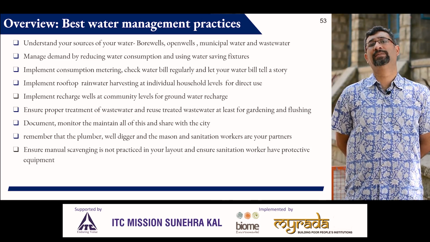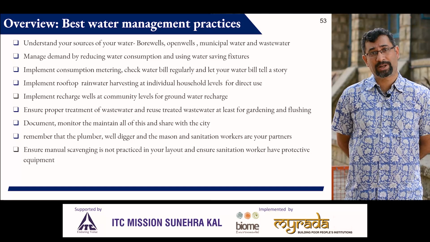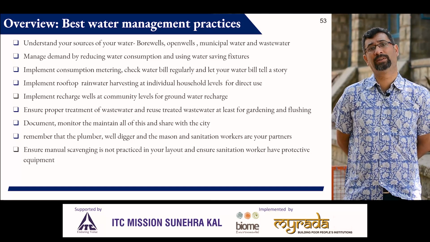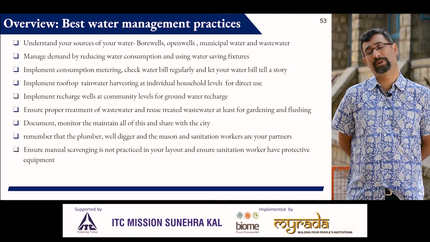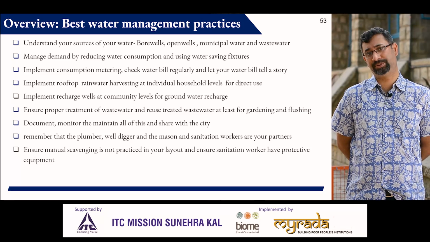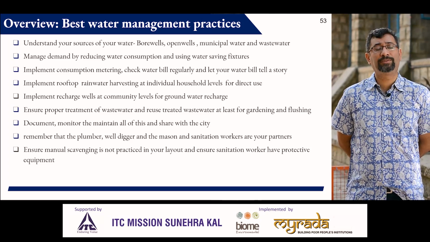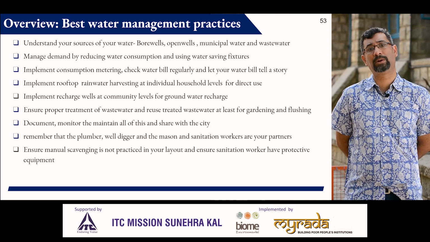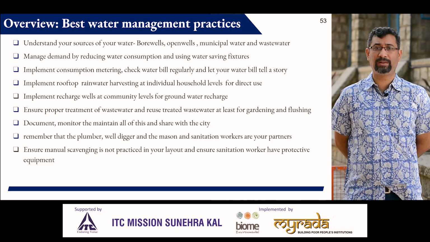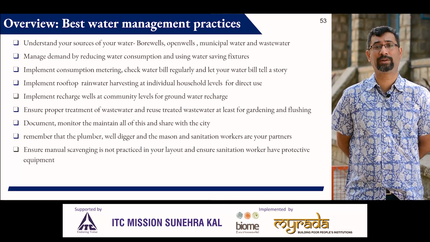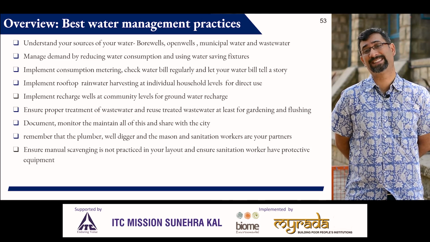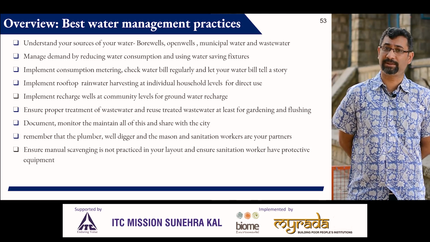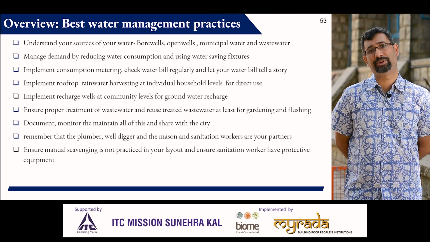Then, apart from rainwater harvesting, you should look beyond the journey of the water when it leaves your house, right? So all the water that you've used and is going out, can that be treated well? Can you actually separate grey water, that is the water that simply has soap, and black water, that is the water coming out of your kitchen or your toilets?